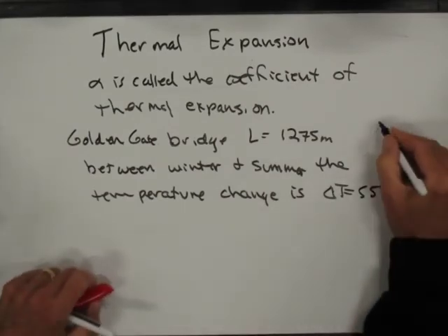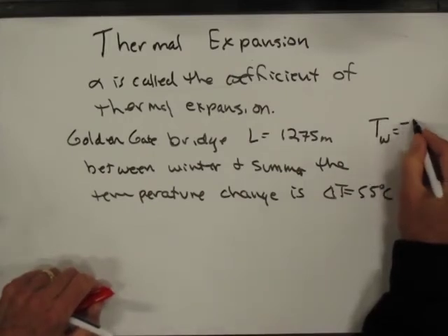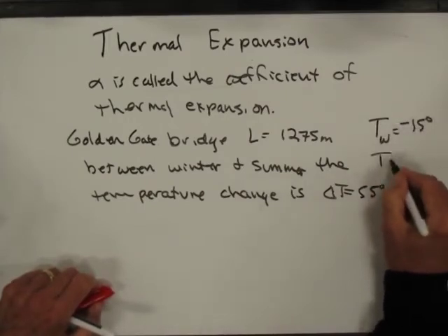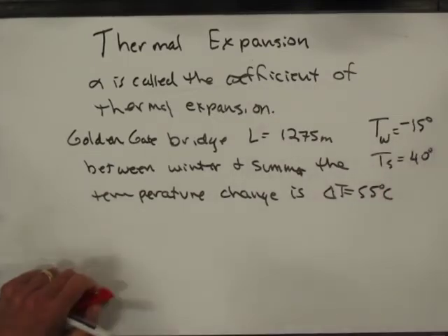In other words, T winter is like minus 15 degrees, and T summer is equal to 40 degrees. And so we want to know the length change.